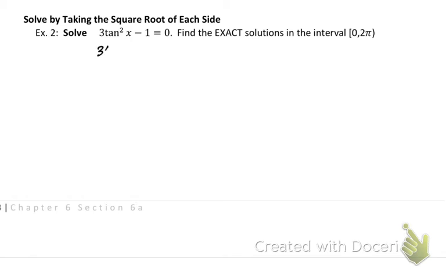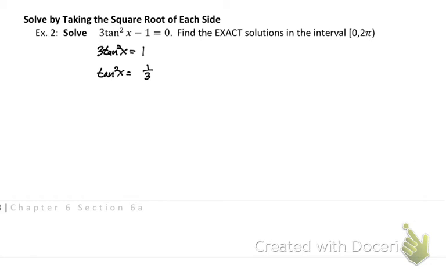That will give me 3 tangent squared x equals a positive 1. Now I'm going to divide both sides by 3 to give me tangent squared x equals 1 over 3.